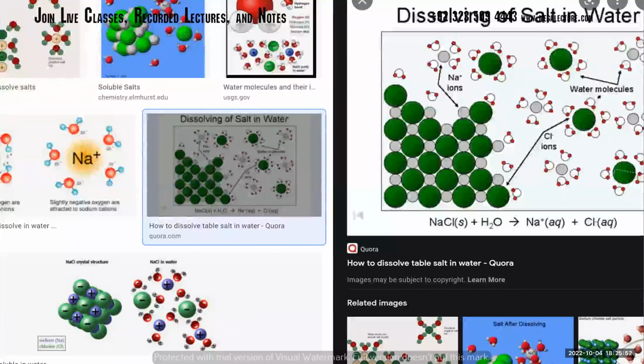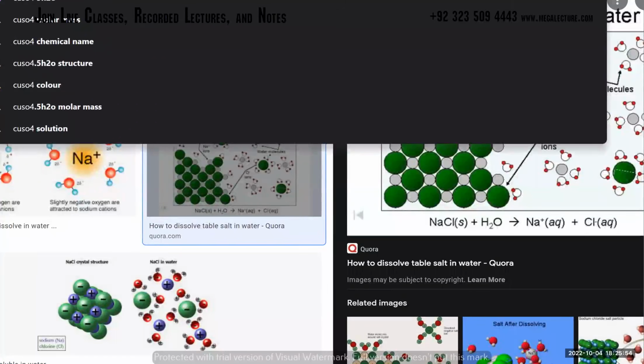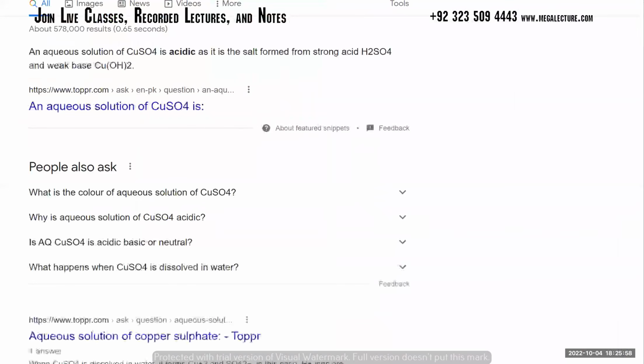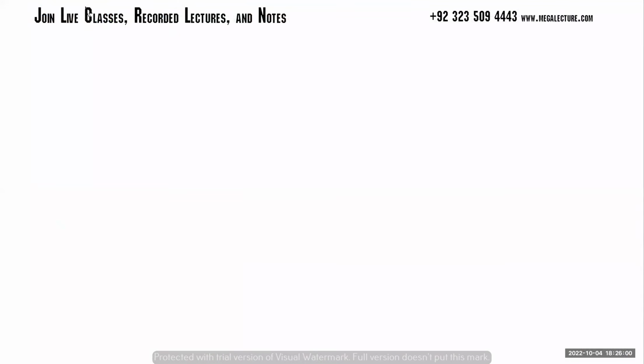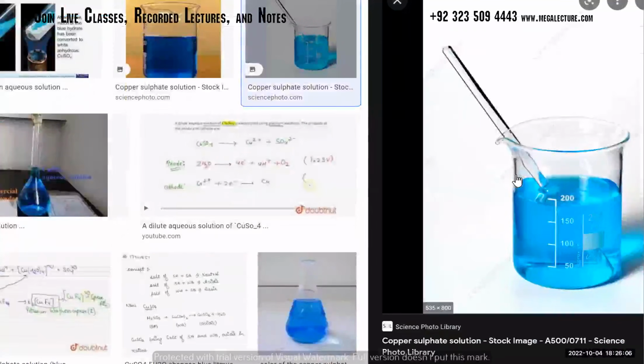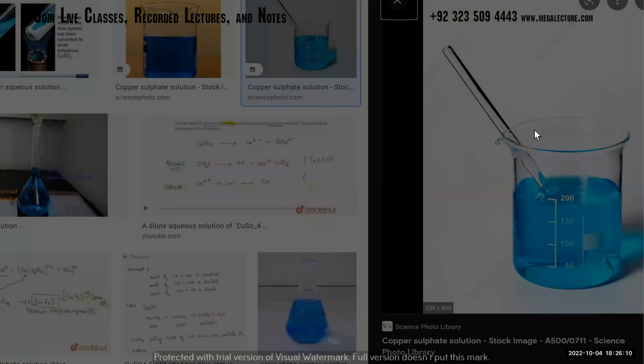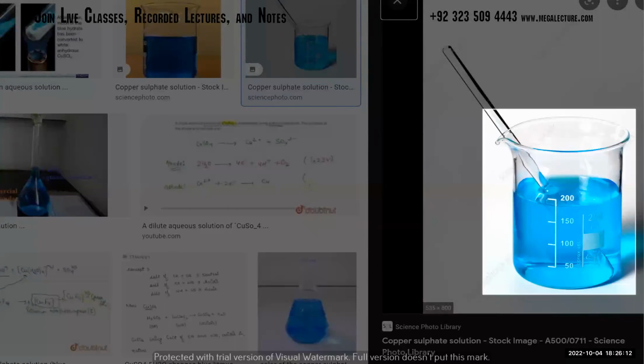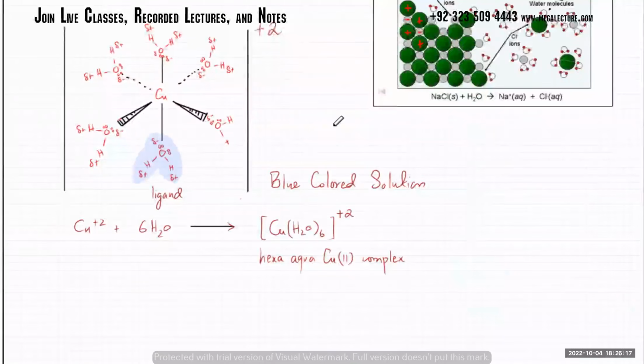I'll give you a picture of it: copper sulfate aqueous. You must have seen copper sulfate aqueous if you've ever been to a lab. So that's your typical blue colored solution. It's a very transparent, typical blue colored solution.